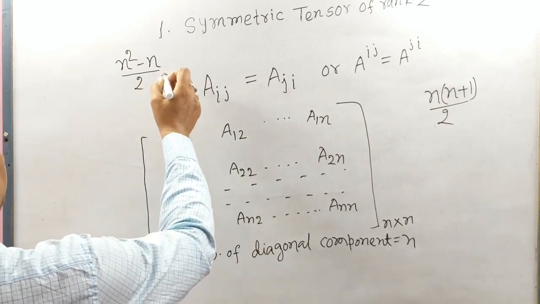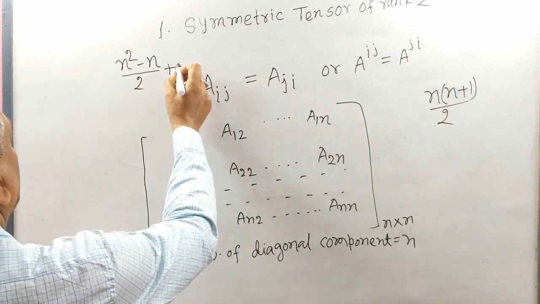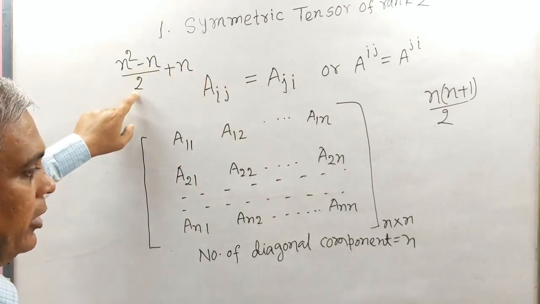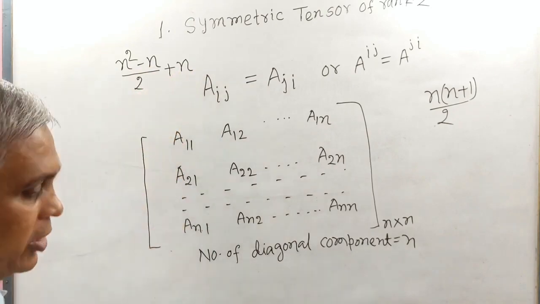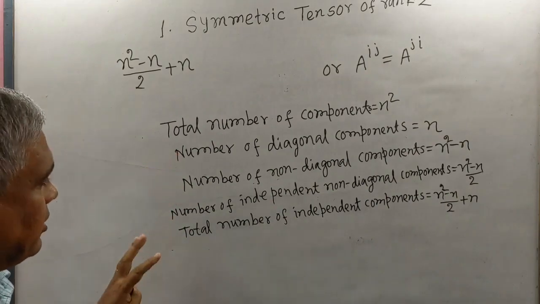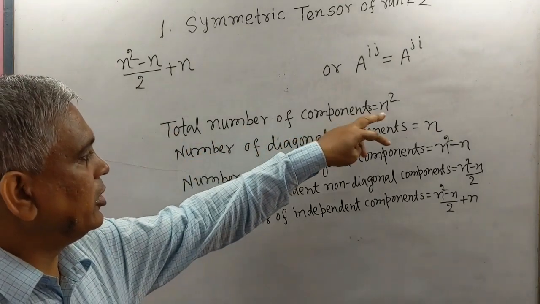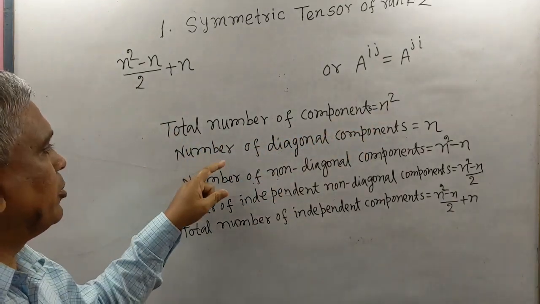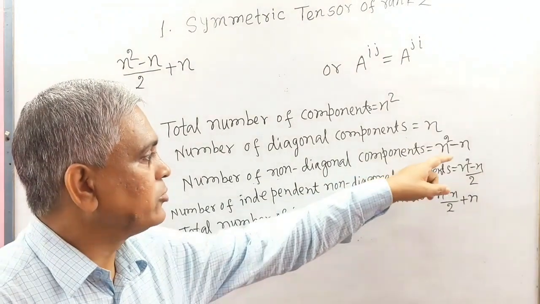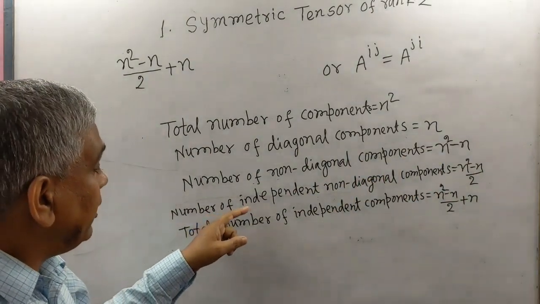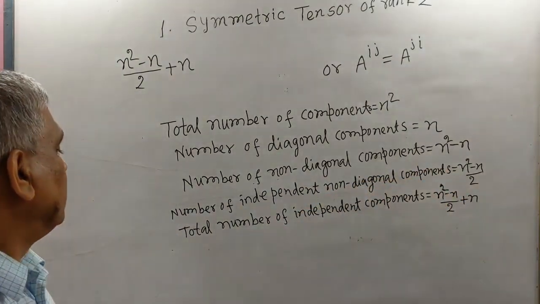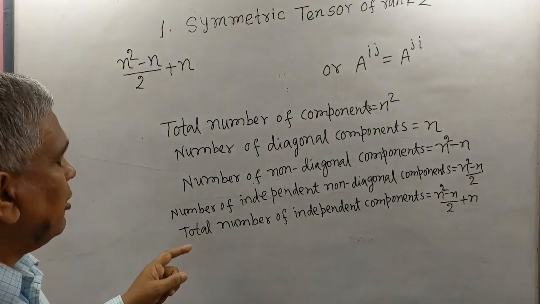So the total number of independent components will be n square minus n by 2 for the non-diagonal components plus n for the diagonal components.